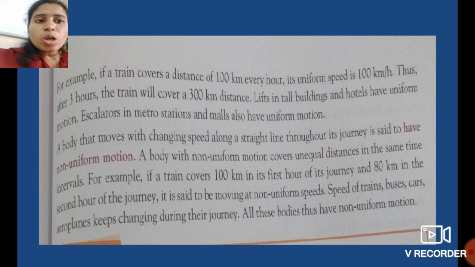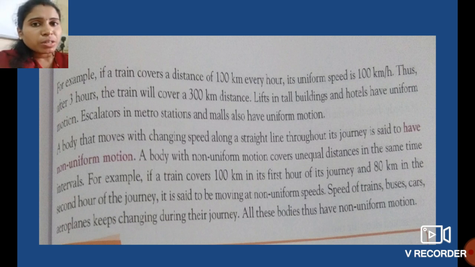So, lifts in tall buildings and hotels have uniform motion. Okay, students, lifts also have the same speed. It does not happen that the speed of the lift is not the same at some time and the same at other times. So lifts in tall buildings and hotels have uniform motion, means the speed is constant.